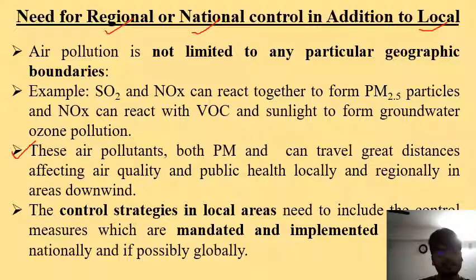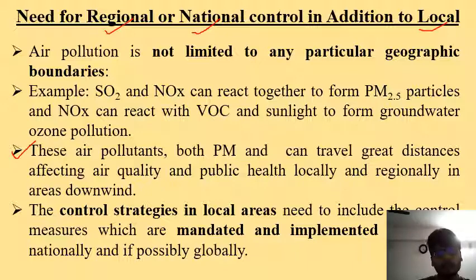These are very fine suspended matter in the atmosphere, with a size in the order of 2.5 or 10 micrometers. So they can float in the air for a long period of time and cover large distances. They can affect air quality and public health locally and regionally in the downwind area.